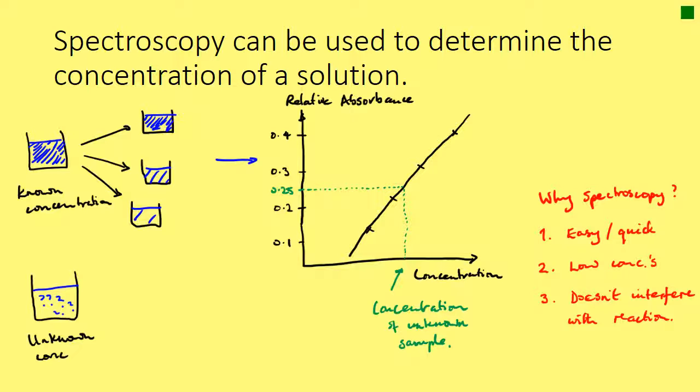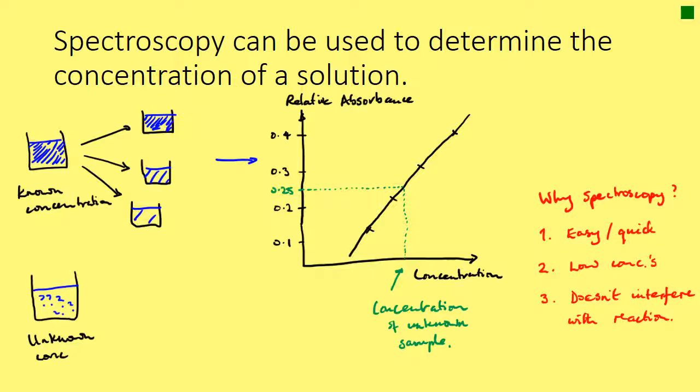But what you would do is you would need to take several samples to sketch a graph, and you would dilute each one. So you would start off with the concentrated sample, then you dilute it, and then you dilute it some more. And you'd send each of the samples through the spectrometer and plot a point for each one.